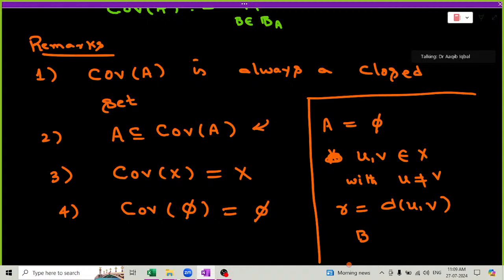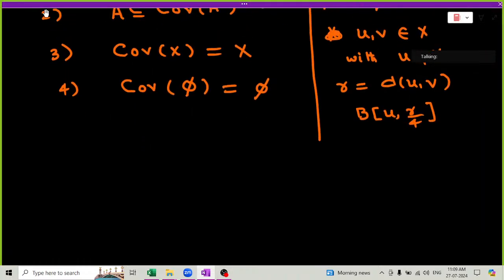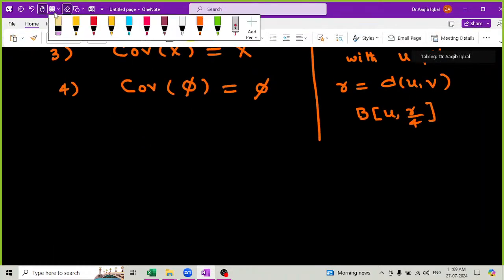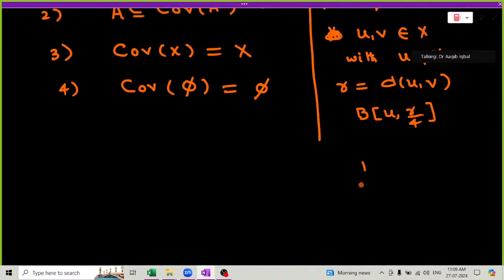You consider the closed ball whose center is U and radius is R by 4. Similarly, you consider this ball whose center is V and radius is R by 4.